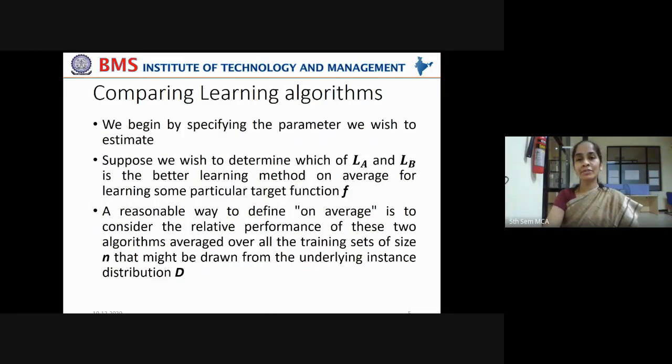Now we begin by specifying the parameter we wish to estimate. Here, what is the parameter we are wishing to estimate? We wish to determine which one is the better algorithm, right? Suppose we wish to determine which of the learning algorithms, whether it is LA or LB, is the better learning method on average for learning some particular target function F. Be it a regression task or a classification task, at learning this target function, which learning model is performing the best?